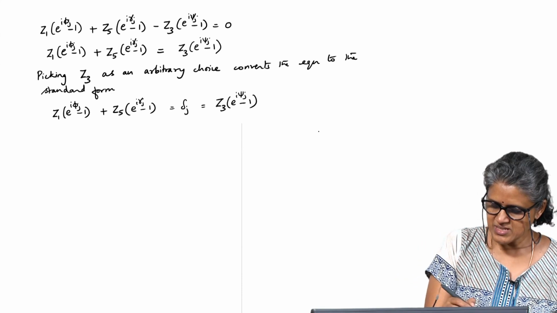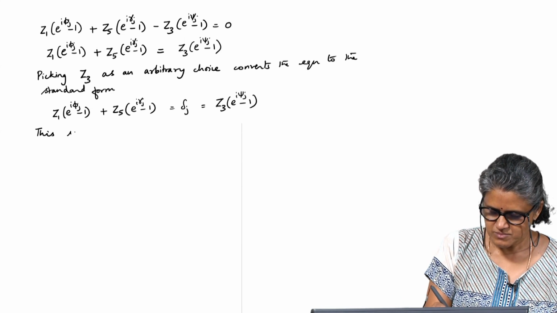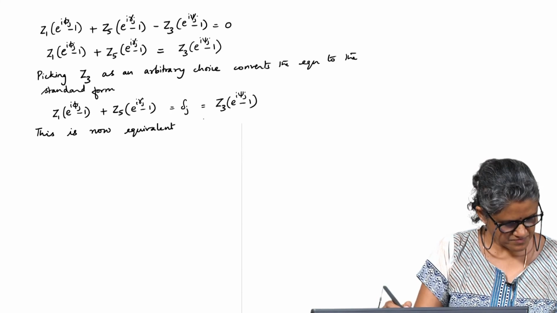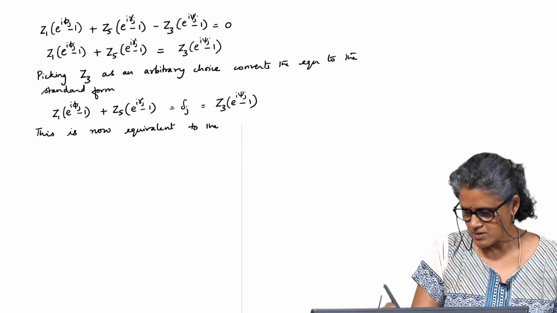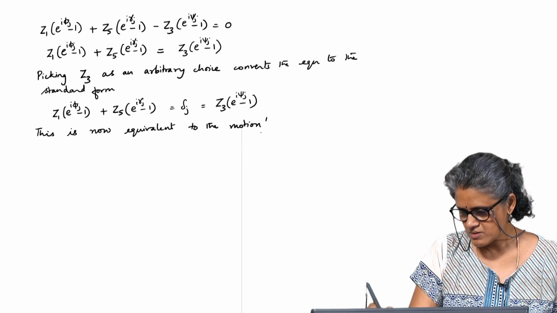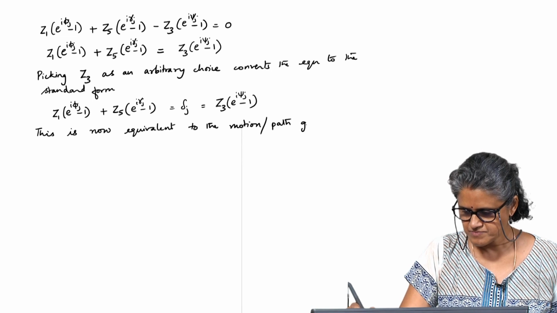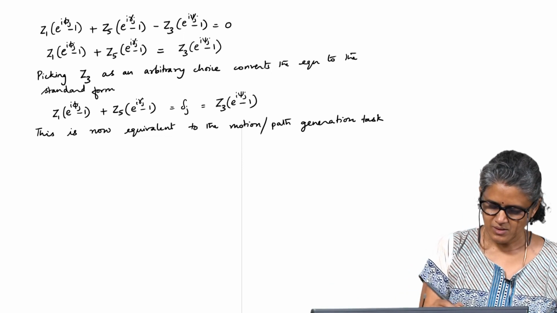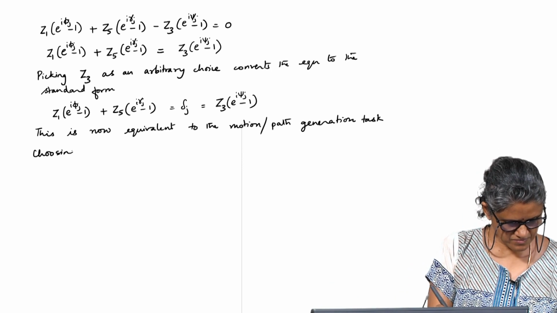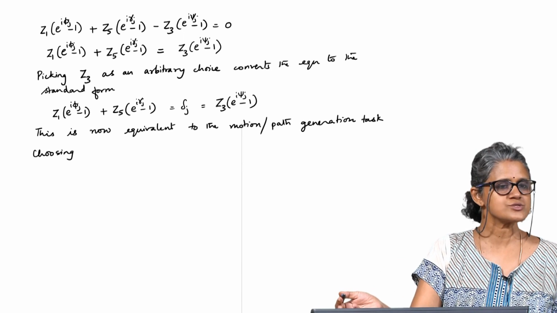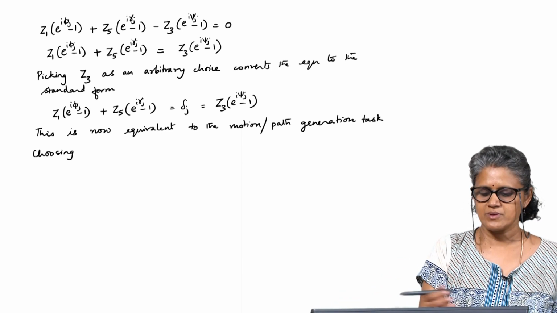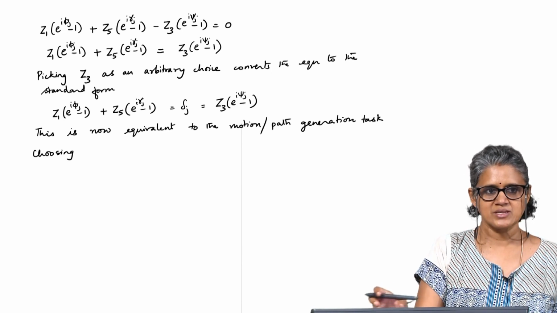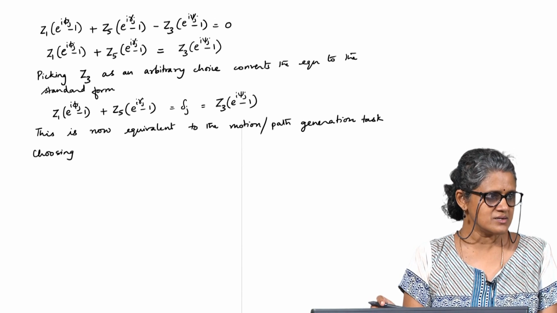Okay. So, this is now equivalent to the motion or path generation task. I could have chosen z1 also, it does not matter, one of the two, because I know phi and I know psi. If I choose one of these, it gets back to the standard form.